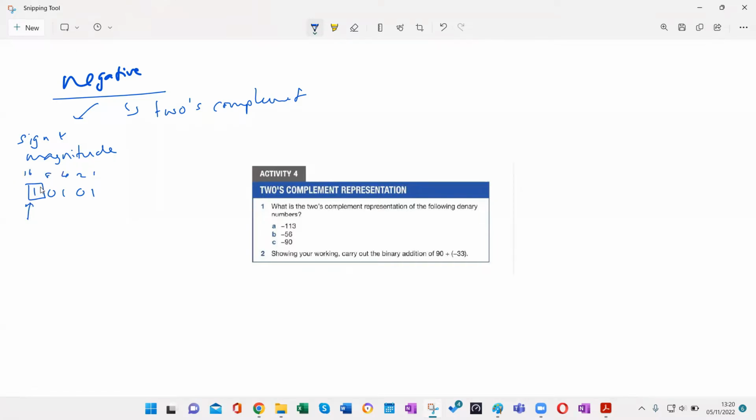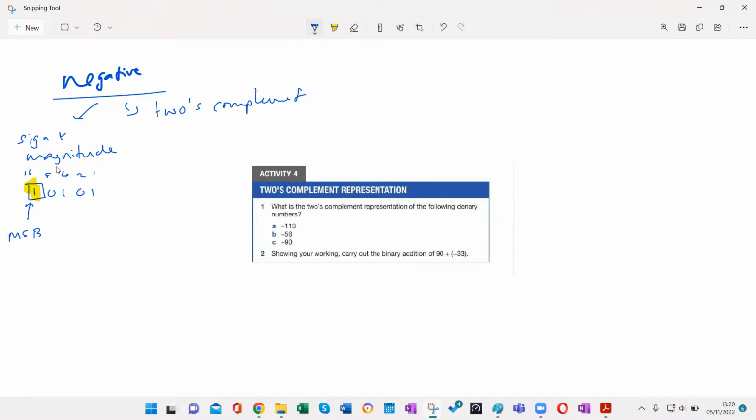So in this particular number, this bit, which has the highest positional value of 16, is called the most significant bit.